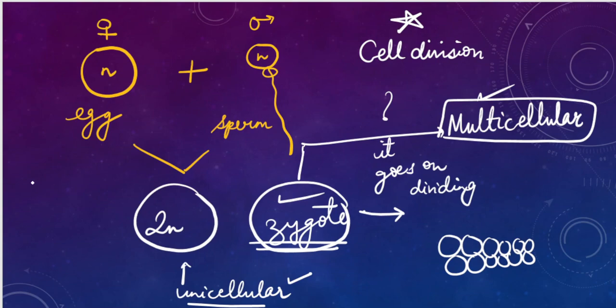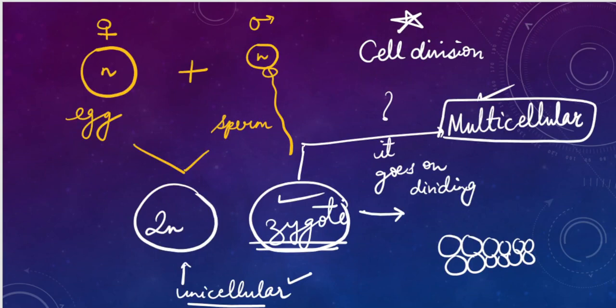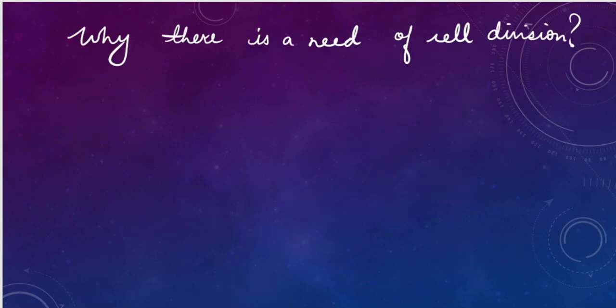So if we want to know why there is a need of cell division, the first example I have explained, from unicellular to multicellular, is growth.